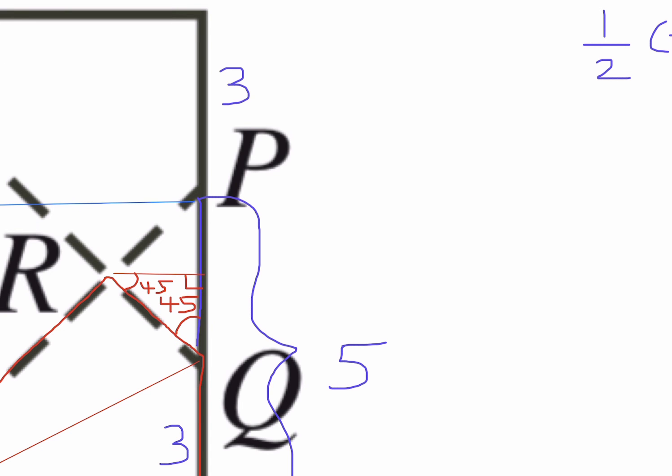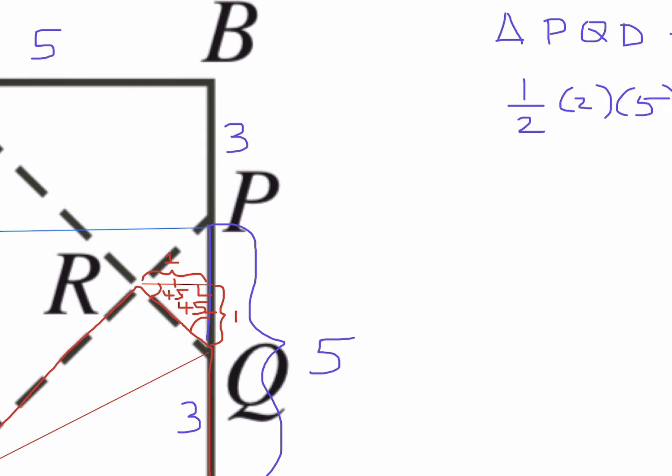So this is an isosceles triangle where this side is the same as that side. And this whole side was 2, so therefore half of it from here to here is 1. And therefore this is also equal to 1, since it is the other side of the isosceles triangle. So there you go, you just got your height.